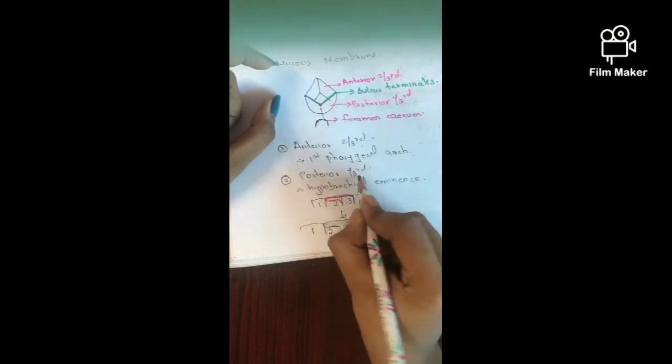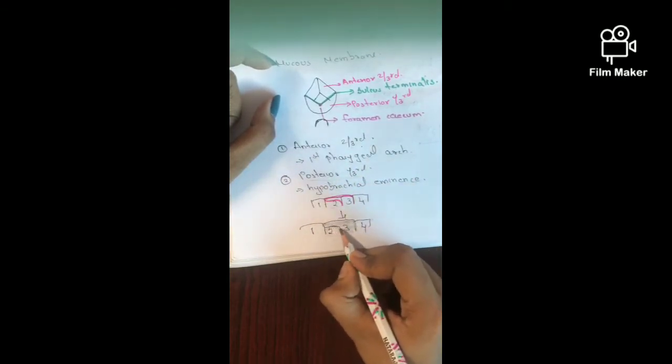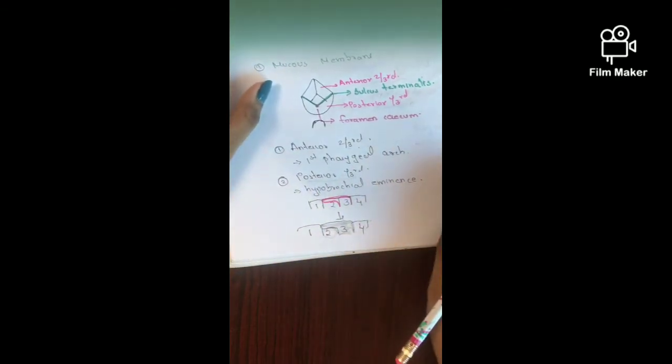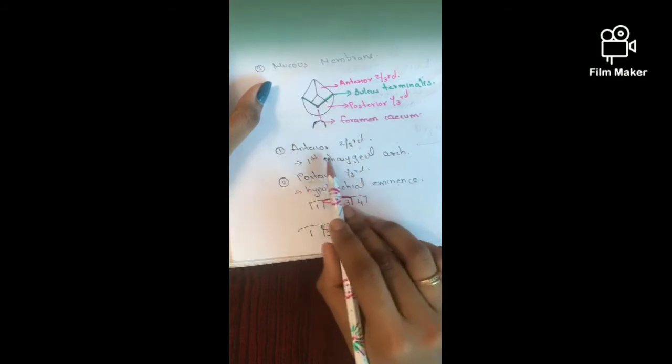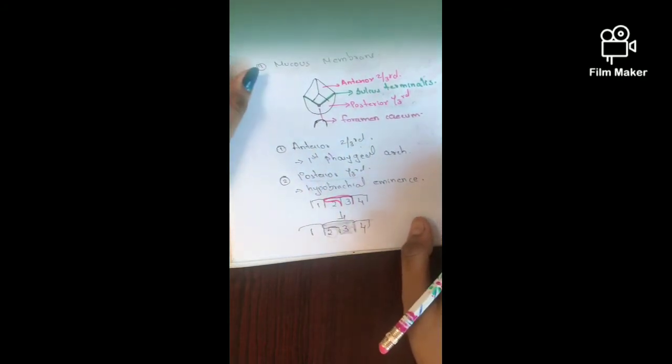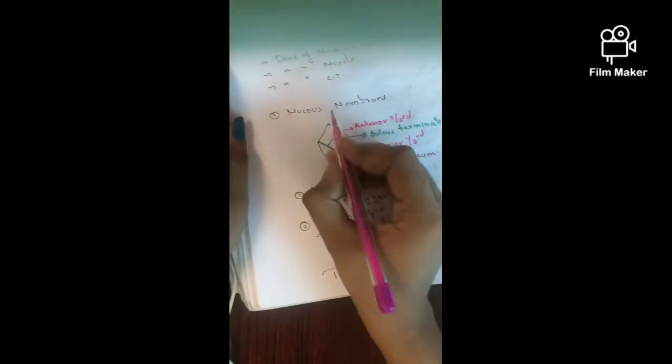So the posterior 1/3 is formed from the third pharyngeal arch, from the hypobranchial eminence. So this is how the anterior 2/3 and posterior 1/3 portions of our tongue are formed. Now moving to the posterior most region of our tongue.